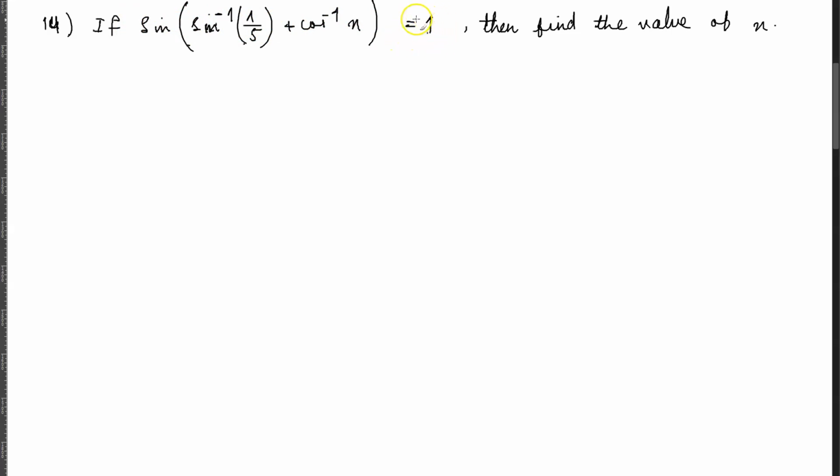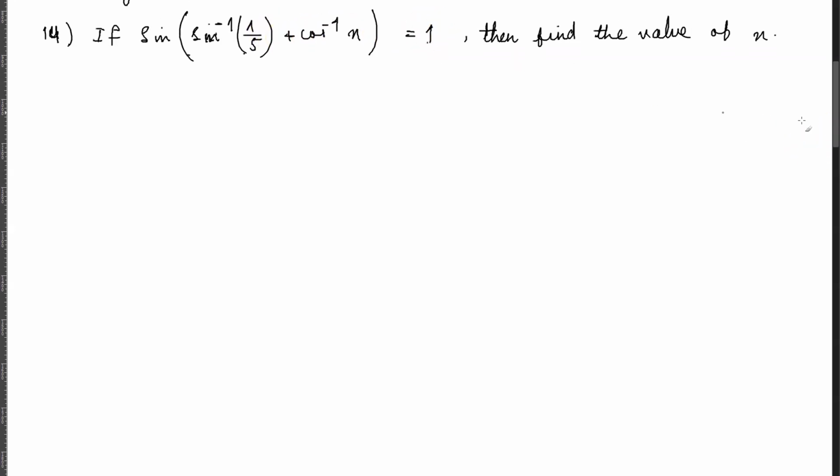Now we have to make a couple of assumptions. You know that the sine of pi by 2 is equal to 1. Also the sine of 5 pi by 2 is equal to 1.